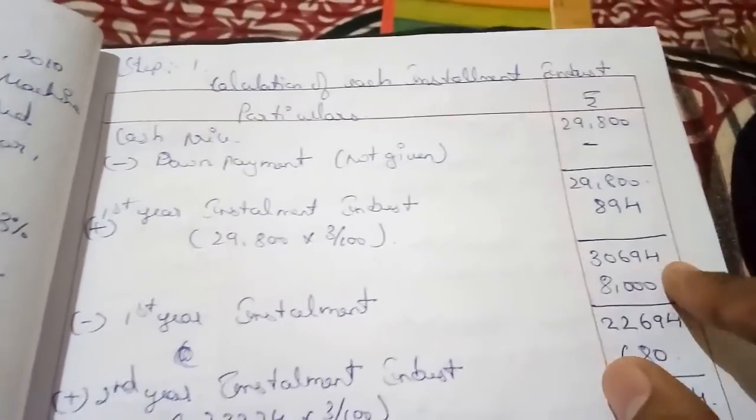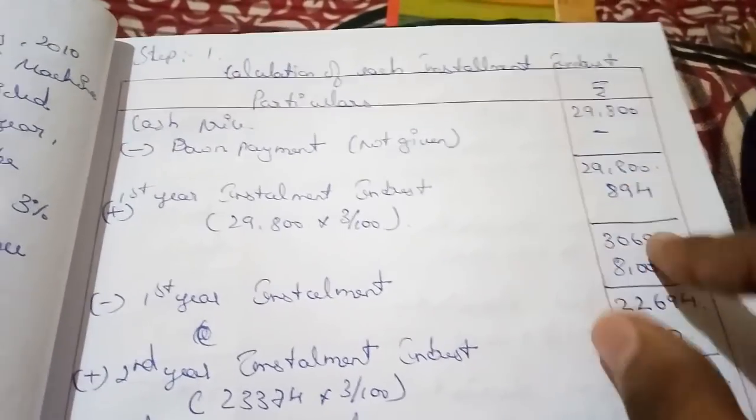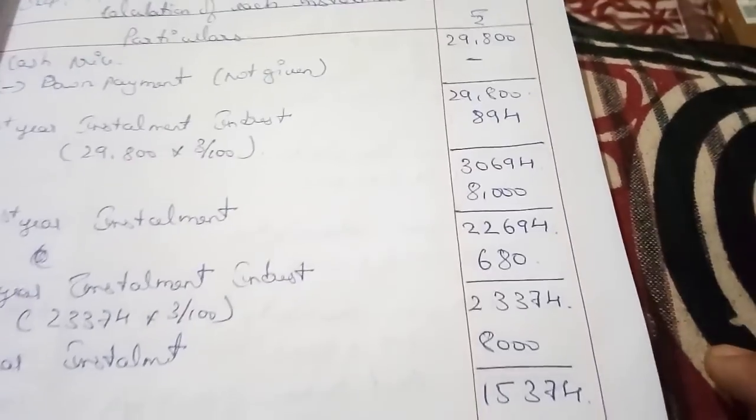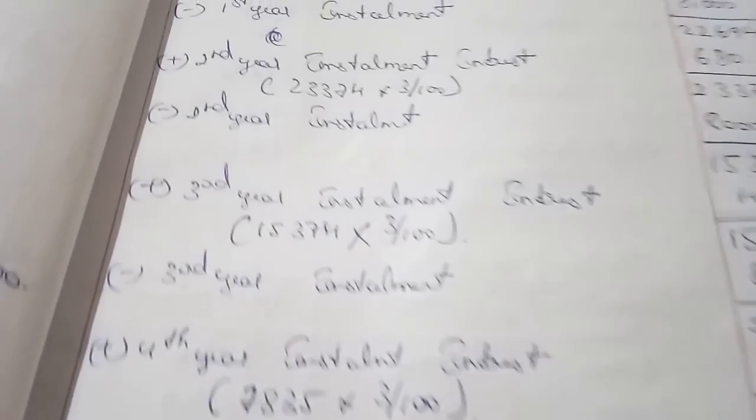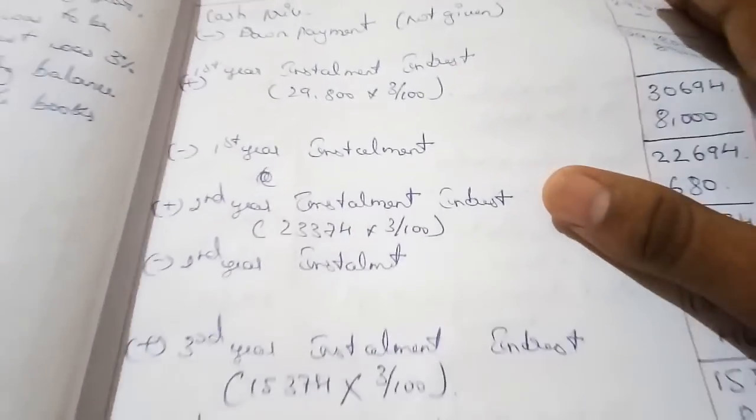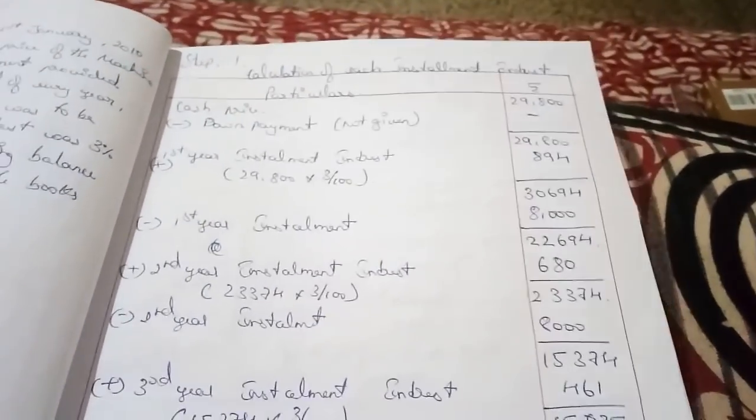Here we will add interest and minus is the installment. By doing this, we will get an answer of 0. It's such an easy thing. I have taught this in your previous question also.